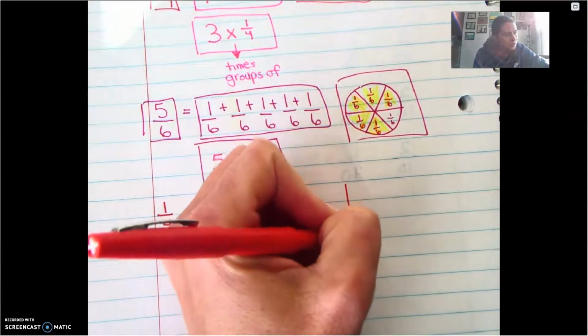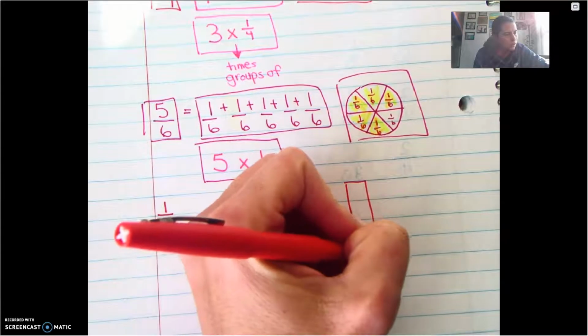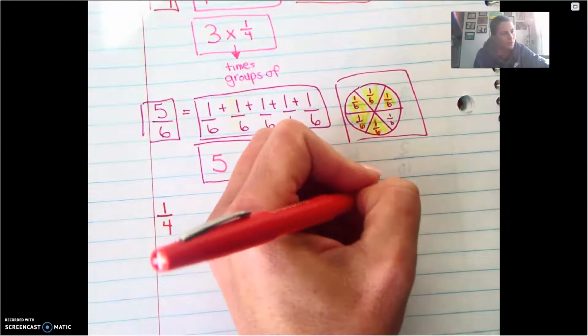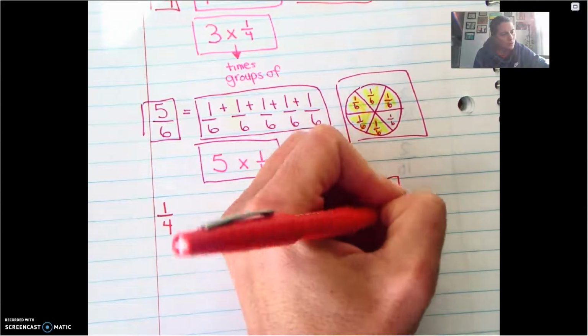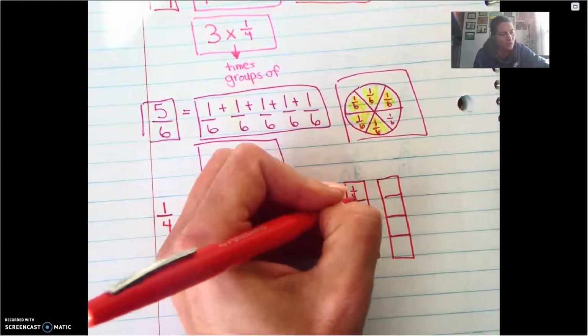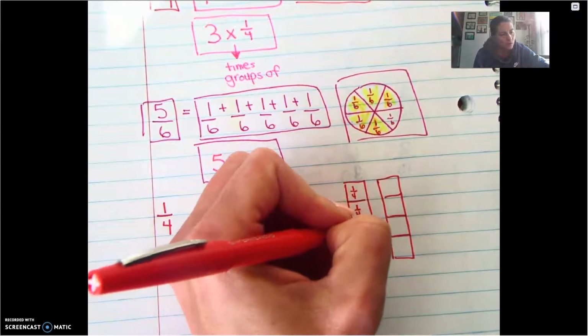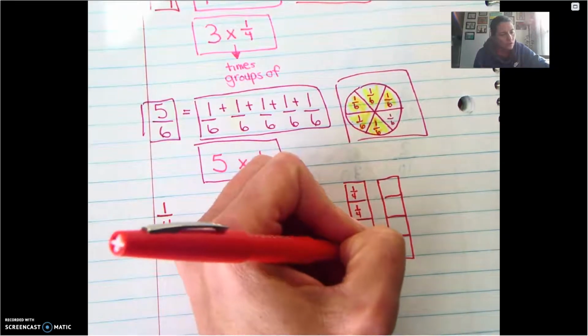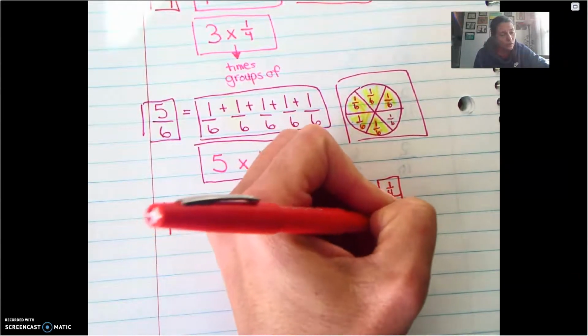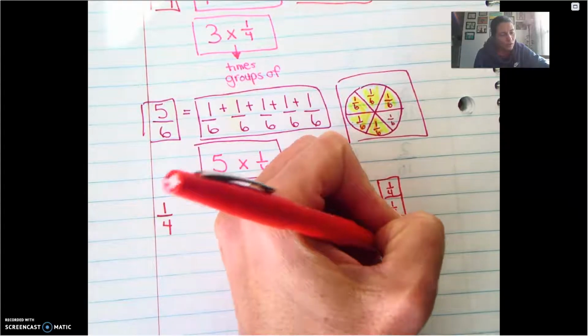I'm going to do my fourths this way. So those are 1/4, 1/4, 1/4. These are still fourths, remember. So this is 1/4, 1/4, 1/4, 1/4, 1/4, 1/4, 1/4, and 1/4.